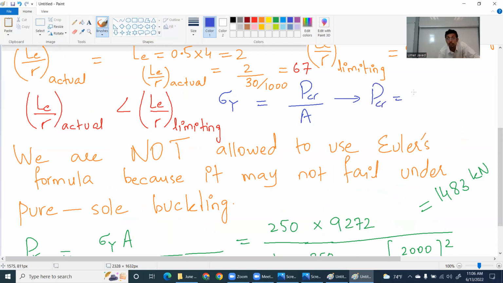It is equal to sigma Y multiplied by A. What is the yield stress? 250 into 10 power 6, into the area, which I think was 9272 into 10 power minus 6. What is the value of P critical? I have in my notes 2318 kilonewton.